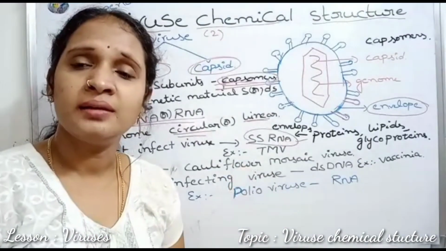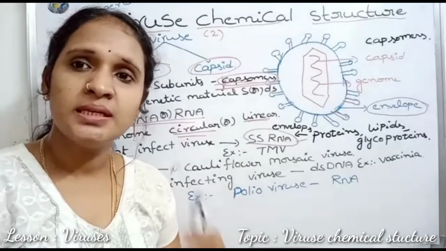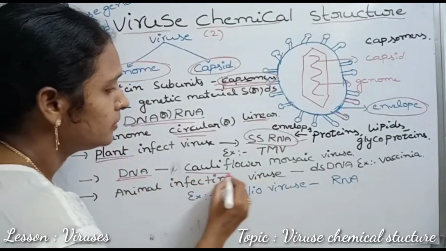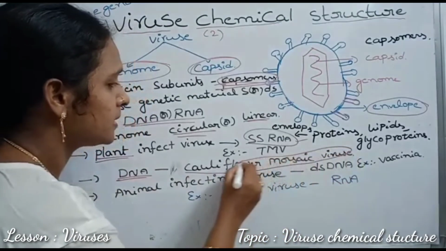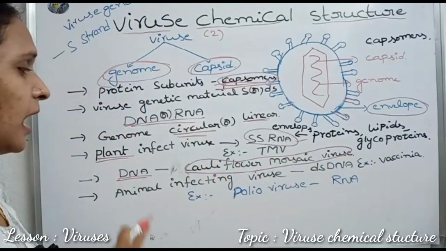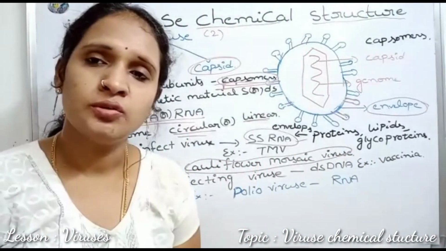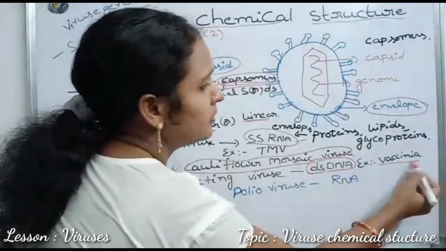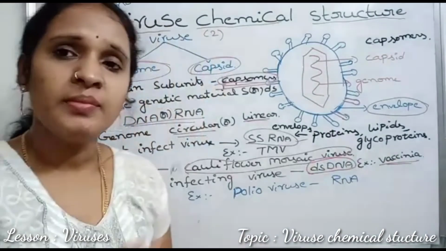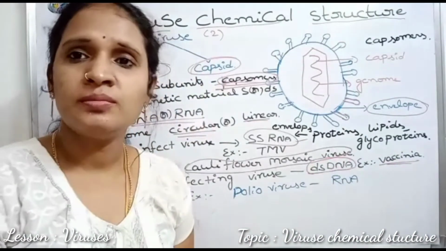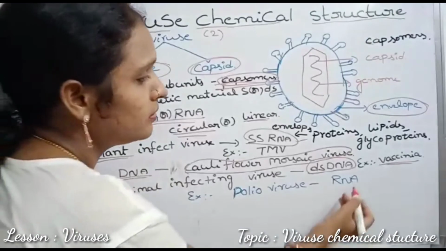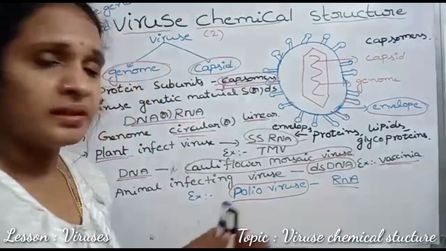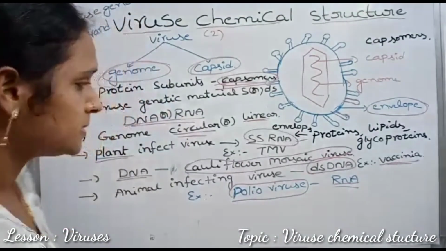But some plant viruses have DNA instead of RNA, example cauliflower mosaic virus. Animal infecting viruses have double stranded DNA, example vaccinia. Some animal viruses have RNA instead of DNA, example polio virus.